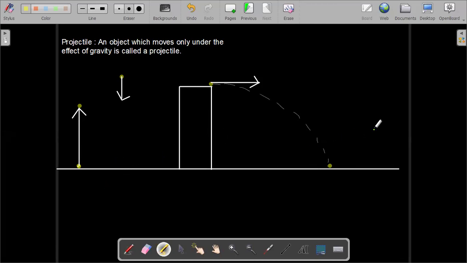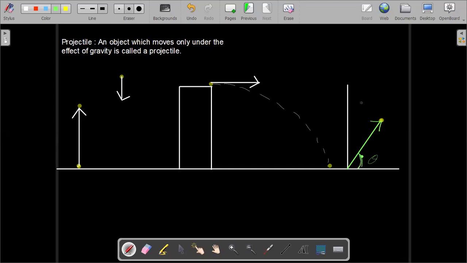In the same way, you have an oblique projectile. You have the axis, and suppose I throw an object from here at a certain angle theta with the x-axis. It's not thrown vertically, it's not thrown horizontally. It is moving with a certain angle theta.